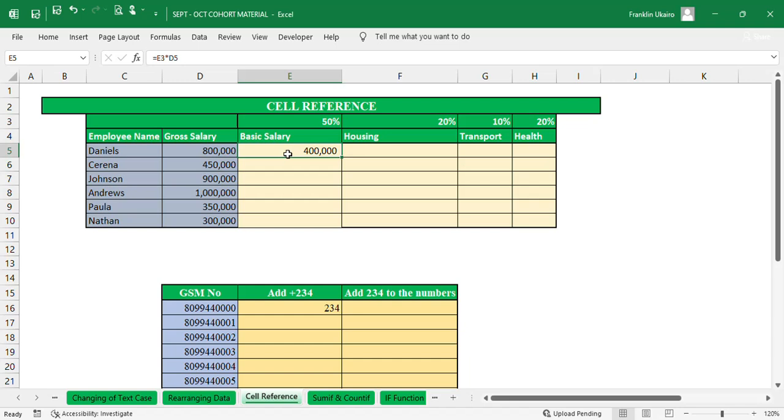Now, ideally, if you double click here, it's meant to autofill. But because in this very case relative cell reference does not work, it will not give you the right figures.